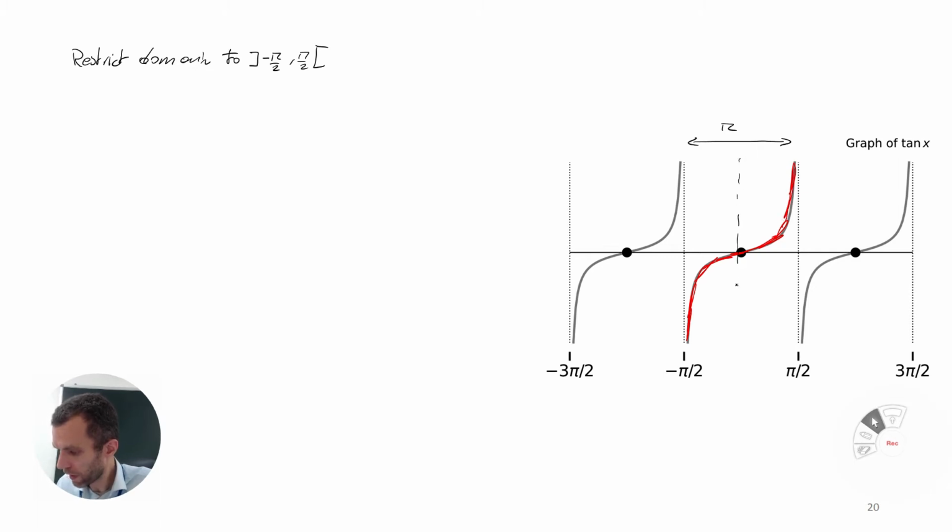If this is our y-axis, then again you can check the same property as we had for sine.